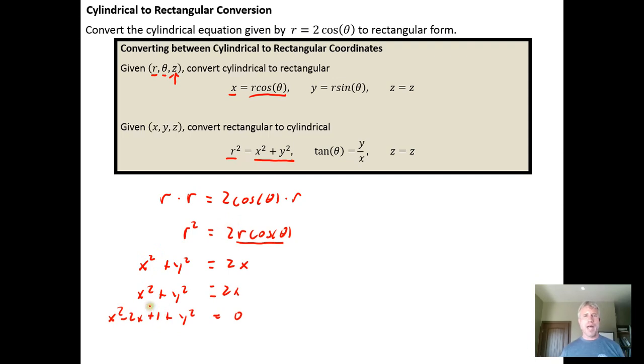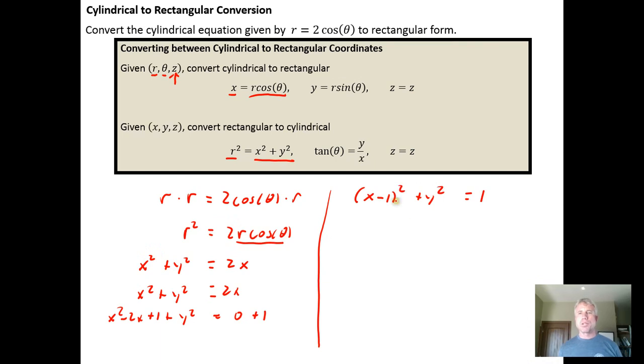And if I add 1 to that side, I need to add 1 to this side. So x squared minus 2x plus 1 factors as x minus 1 quantity squared, plus y squared equals 1.